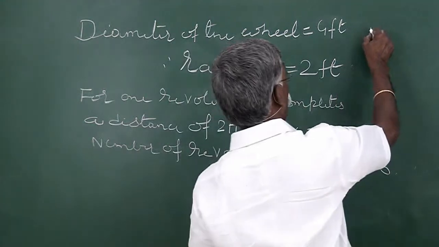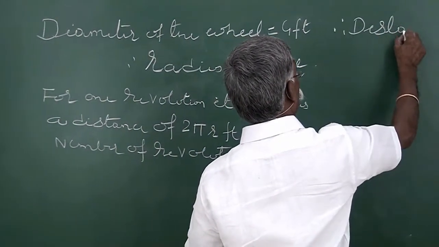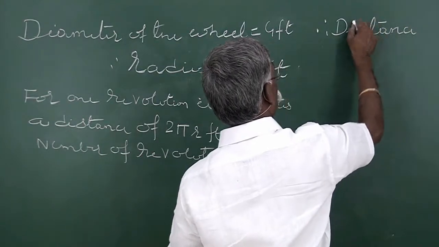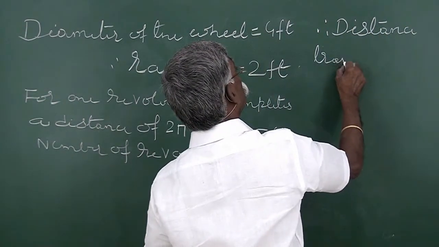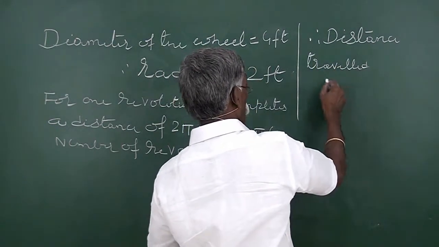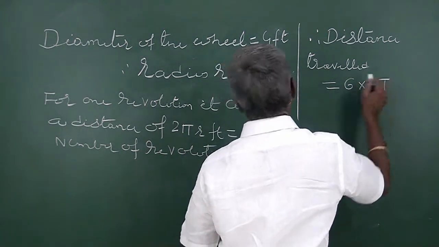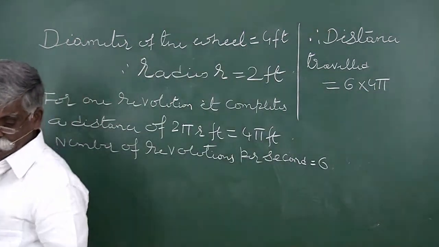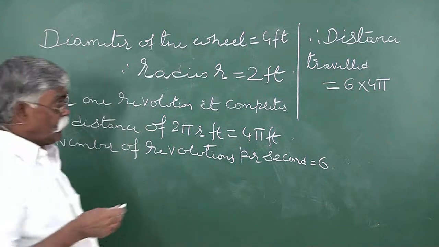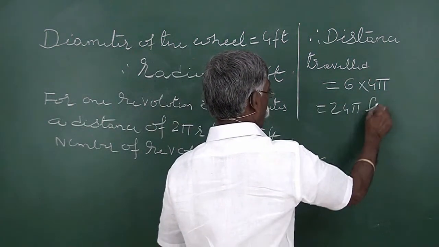Therefore, distance traveled is equal to 6 into 4 pi, which is 24 pi feet.